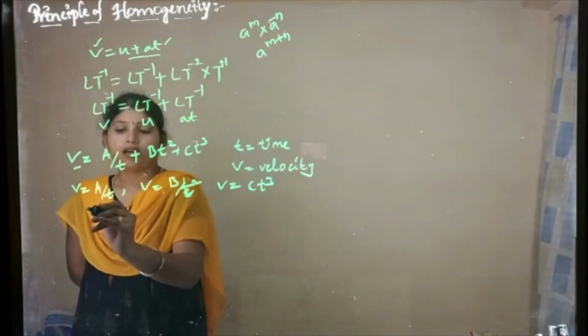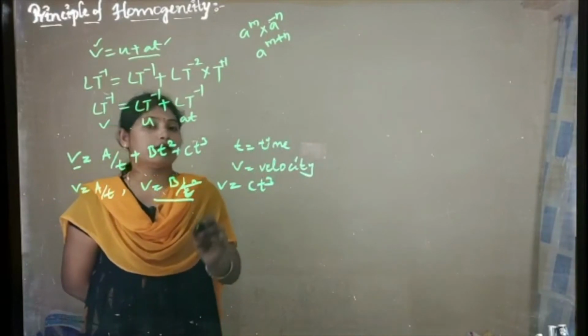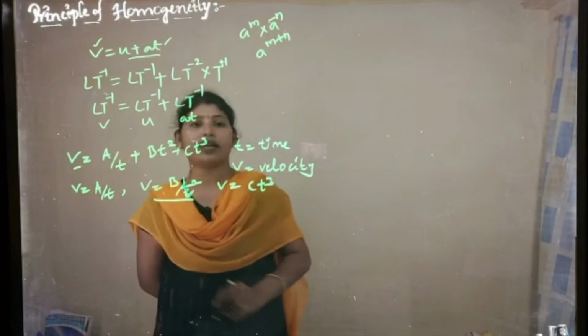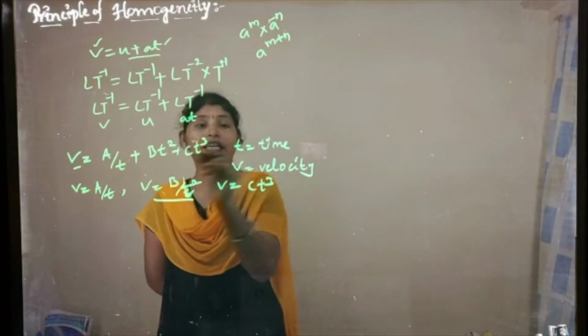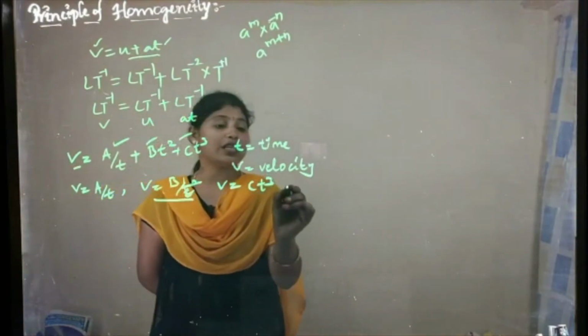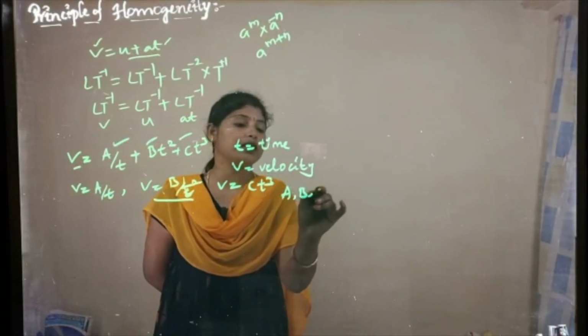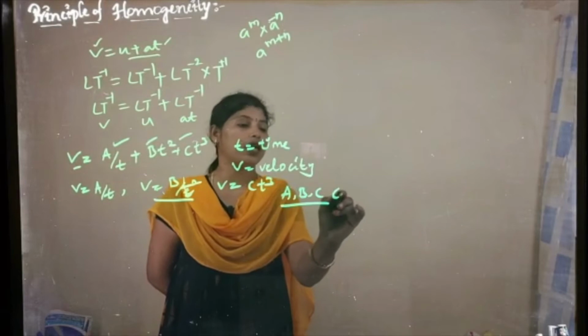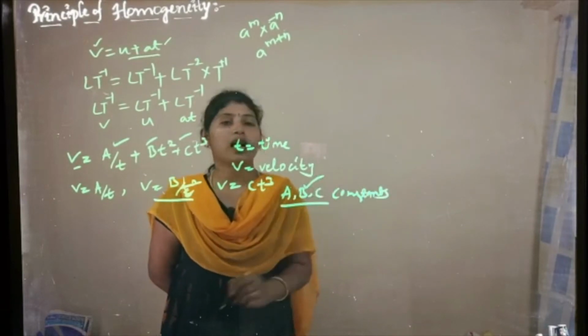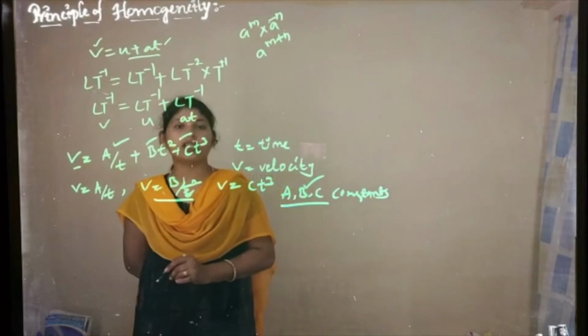This relation is a physical relation, where v is the velocity and t is the time. Here capital A, capital B and capital C are constants. We have to find the dimensions of the constant B.